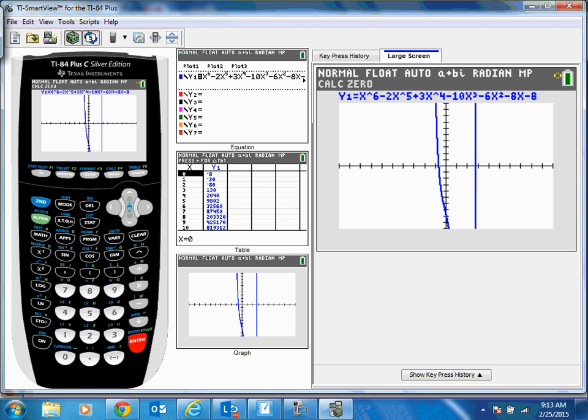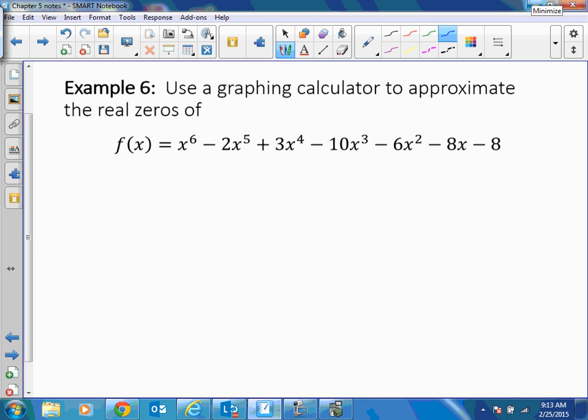That would be right of it. We go to as close as we can, enter. And I know it's hard to see, but the other 0 would be 2.73. You can ignore the 1.2 e to the negative 11 because that just means 0. Okay, that's like 0.00001.2. Okay, so those would be your two zeros you'd write on that. And that's how you would use graphing calculator to approximate real zeros.